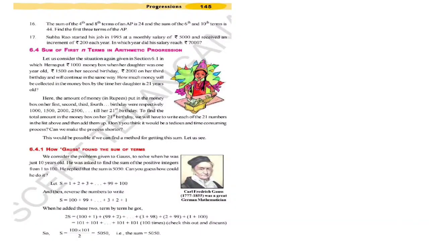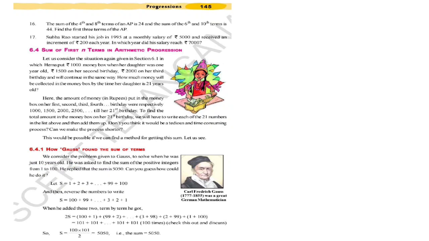Let's start the new topic, the sum of the first n terms in an arithmetic progression. But first, it is time to know about the great German mathematician, Carl Friedrich Gauss. At the age of 10 years, he found the sum of the first 100 natural numbers in very few seconds.